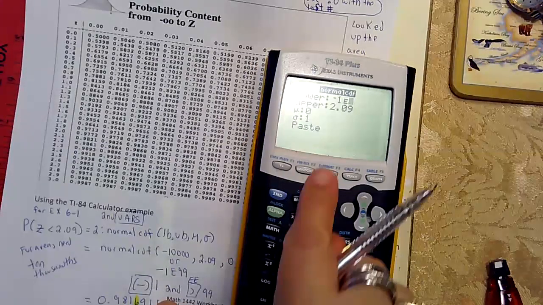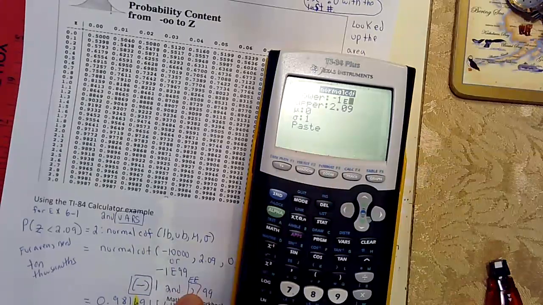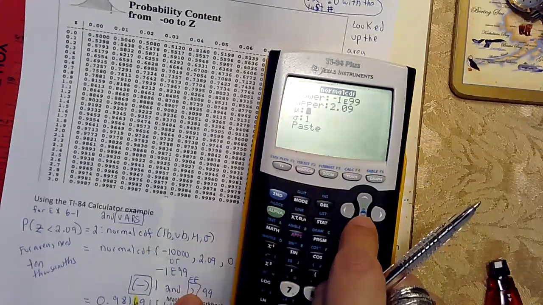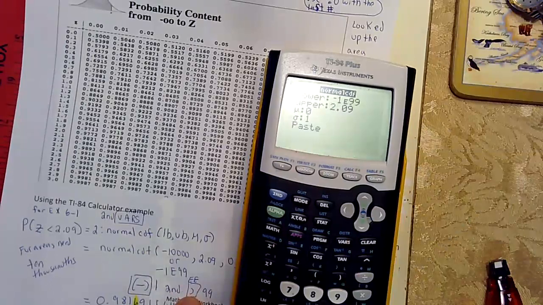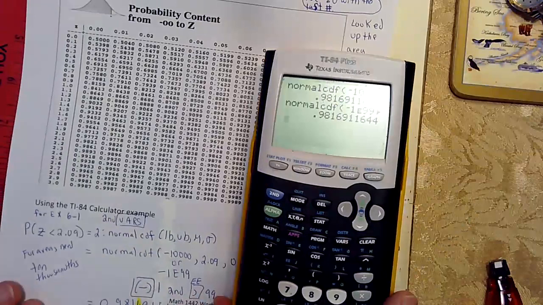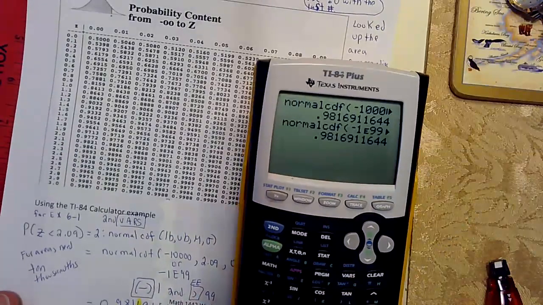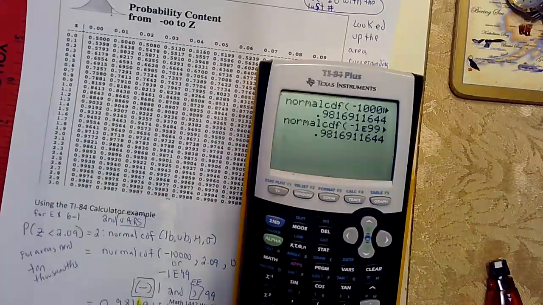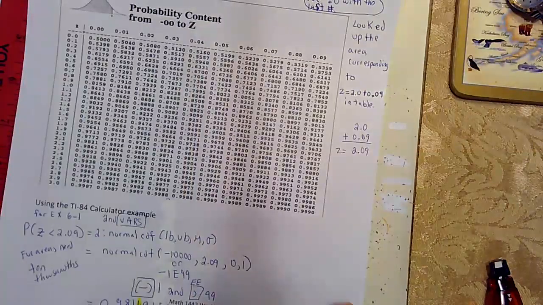And it only puts in one E, doesn't do EE, it only does one E, that's okay. And then 99. And then upper bound is 2.0901. And then hit enter. And hit enter again. So you see how we get the same thing? See that? Whether you use -10,000 or -1 E99. Okay. All right. These are areas underneath the curves.